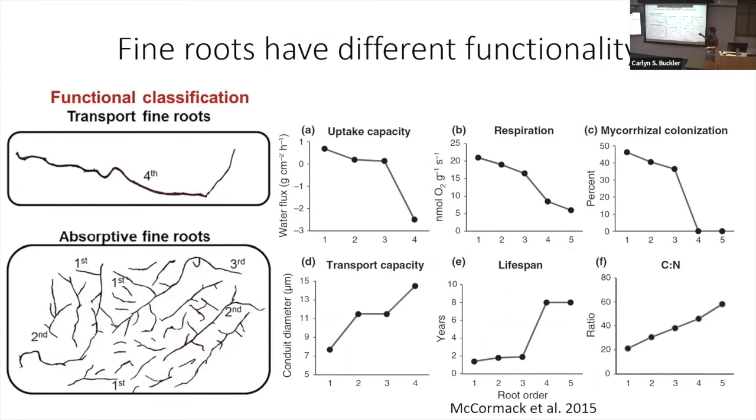So with a higher root order, we start to get less uptake capacity, less respiration, and less mycorrhizal colonization. And on the flip side, as we go up towards the transportive fine roots, we get more transportive capacity, hence the name, greater lifespans, and greater CN ratios. So we're seeing these very different functional roles for these fine roots. And traditionally, they would have been classified as one unit together using the 2 millimeter diameter cutoff approach.